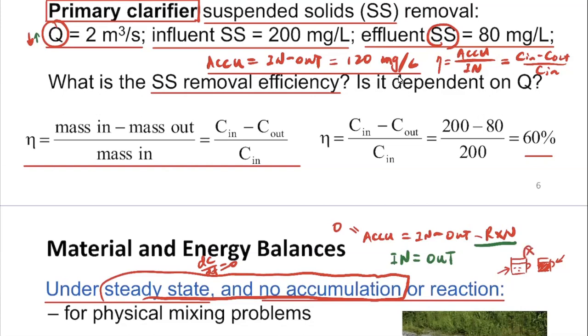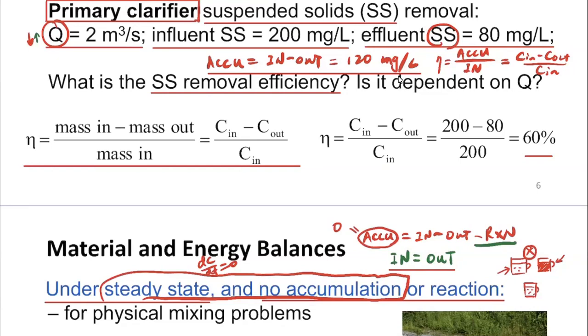So the mixing process is basically the process where in is equal to out. We don't have any accumulation of the caffeine within this mixed cup of coffee, right? We don't have reaction that consumes or creates caffeine. So everything is just the physical mixing.